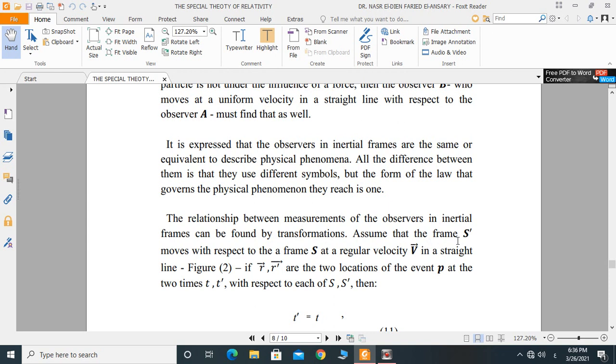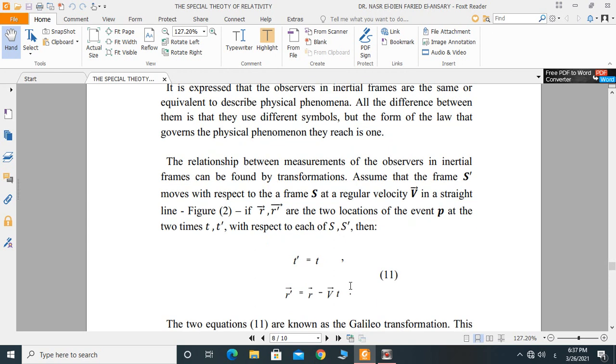Assume that the frame S dash moves with respect to the frame S at a regular velocity capital V in a straight line. We found previously that t dash equals t, and from figure 2 we also found r dash equals r minus vt.